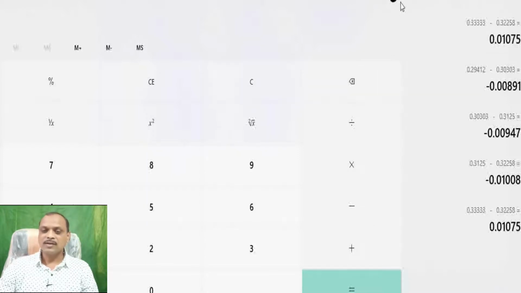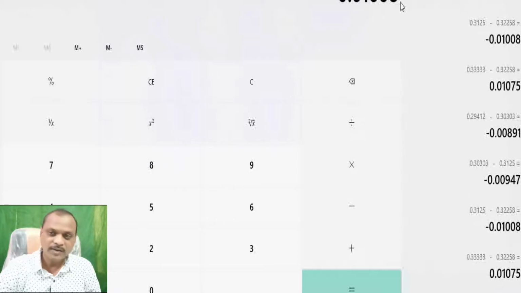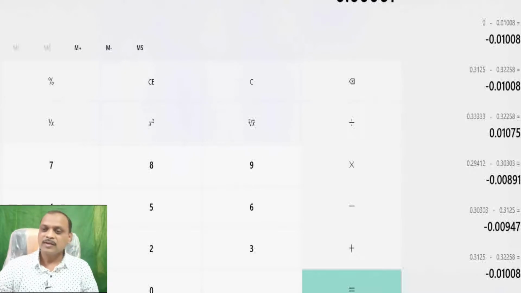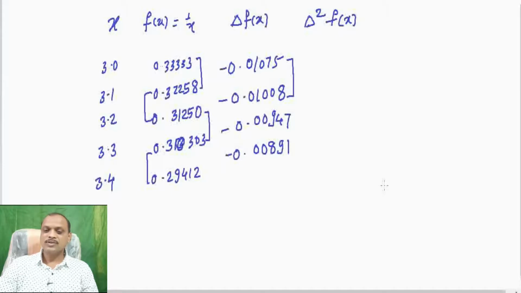Okay, I think it is not clear. What is minus 0.01008 minus of minus, that is plus 0.01075, and we get plus 0.00067.